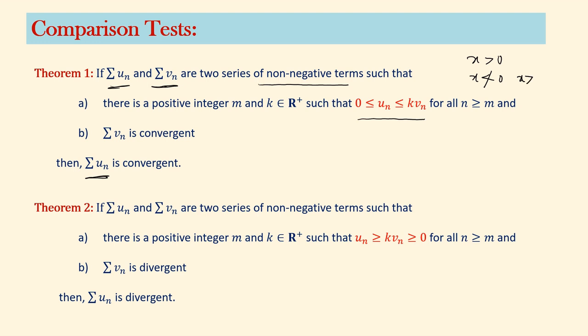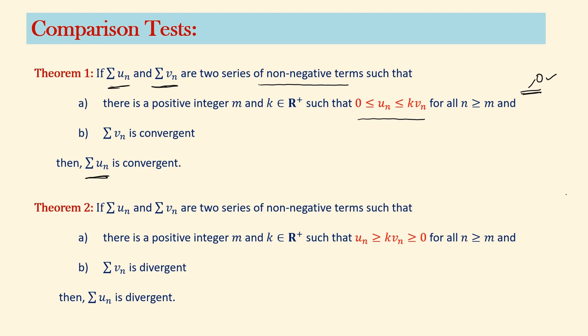That means x is greater than or equal to 0. So if 0 is included, we say non-negative terms. So x greater than or equal to 0 are non-negative terms. x greater than 0 means they are positive terms. 0 should not be included in that.